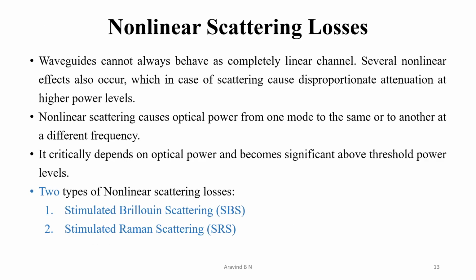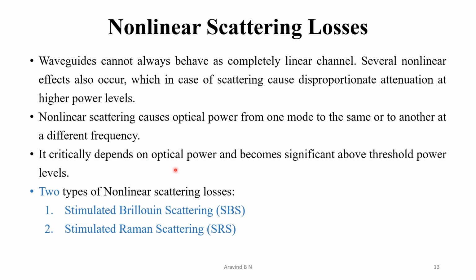Coming to the nonlinear scattering losses. It cannot be said that all wavelets behave in a linear manner, so there are several nonlinear effects present in the waveguide. Nonlinear scattering causes disproportionate attenuation at higher power levels. It causes optical power to move from one mode to the same mode or to another mode at a different frequency.